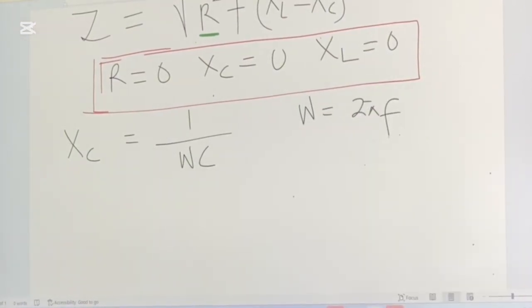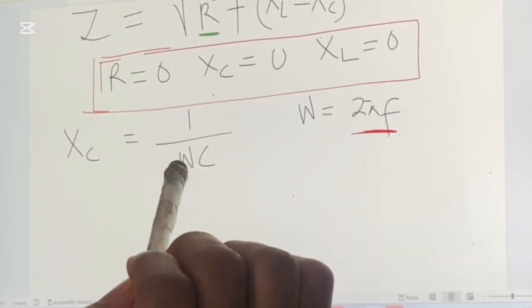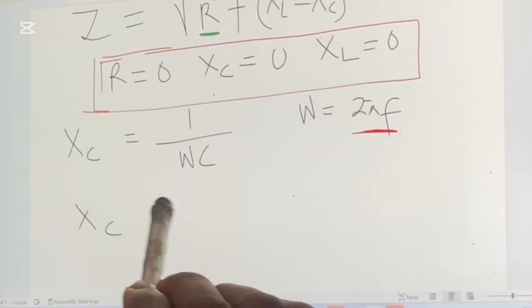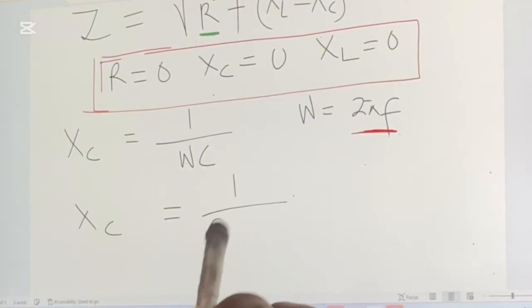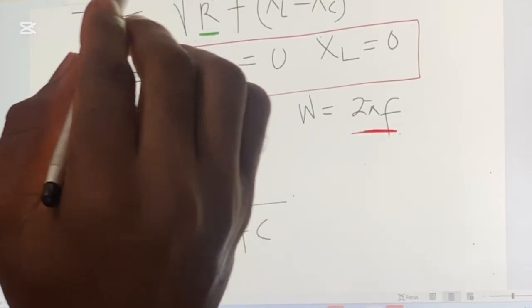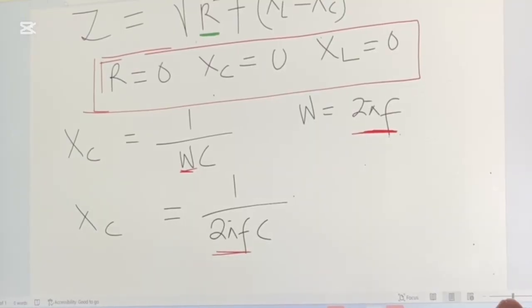So when you replace this in terms of frequency, Xc is equal to 1 over 2 pi f C, because frequency is given to us, not angular frequency.